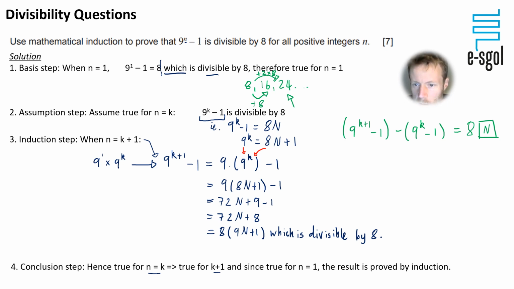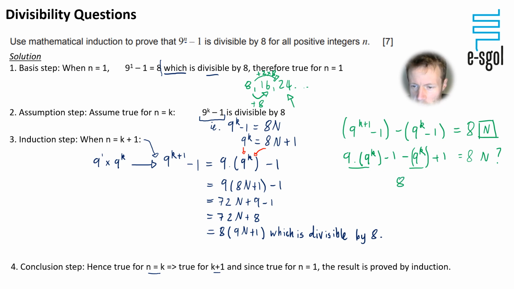I'll just go ahead and continue with this. So this 9 to the power of k plus 1, we're still going to break it down into 9 times 9 to the power of k, minus 1. Take away, and we'll multiply this out, so we get 9 to the power of k plus 1 equals 8 to the power of something. And then how many 9 to the power of k's have we got? Well, we've got 9 of them here, and we've got 1 of them here that we're subtracting.